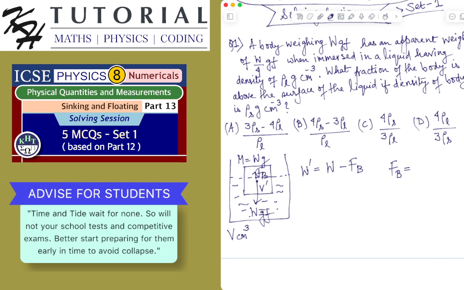So the buoyant force will be the mass of the displaced liquid, which is volume V dash times the density of the liquid rho L, multiplied by the acceleration due to gravity G. This much gram force is FB.